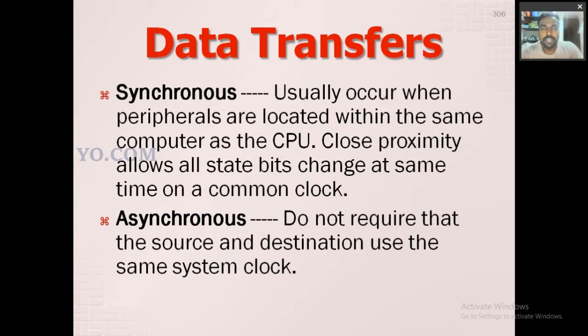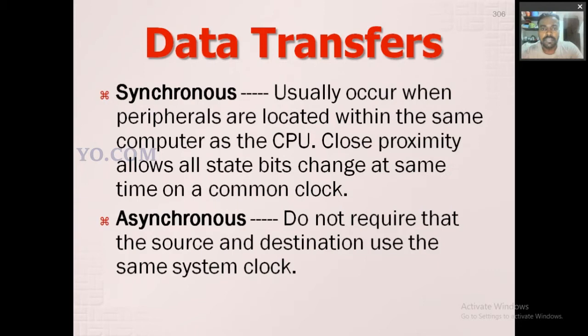If you want to connect a display device, we need a display interface with the microprocessor. So for any device you want to connect with the microprocessor, you need an intermediate device, that is called a peripheral device. Between the microprocessor and the external device, we have a bridge, that is called peripheral devices or I/O devices or I/O interface.